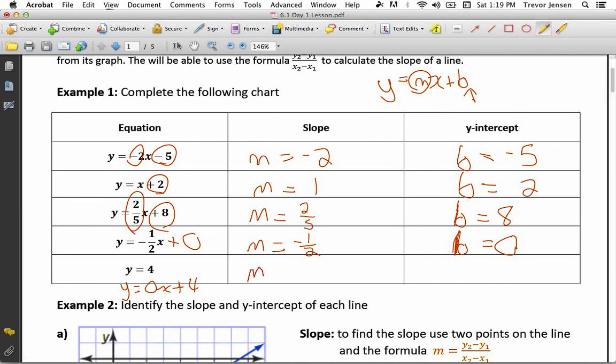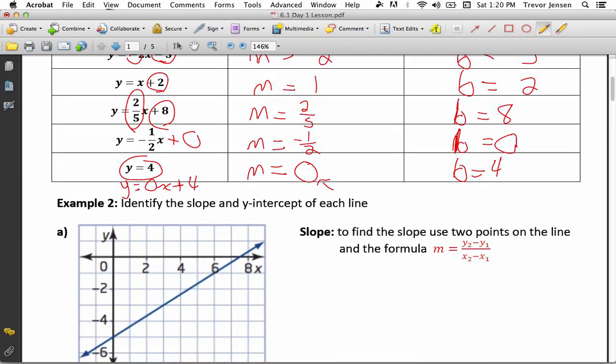Okay, so our slope in this case is actually 0, and our y-intercept is actually 4. You see 4 in place of the b value. And this is actually the equation of a horizontal line. So remember, horizontal lines have a slope of 0. But we'll talk more about horizontal and vertical lines in a minute later on in this lesson.